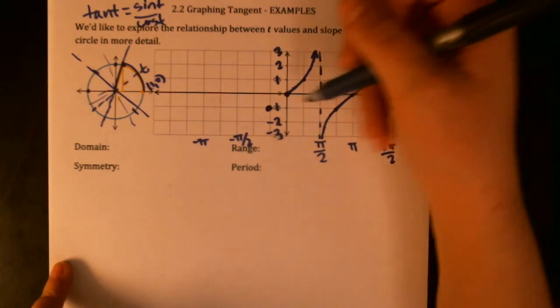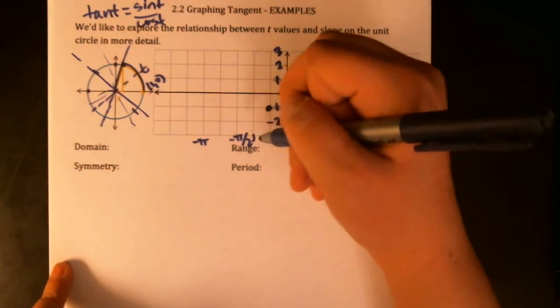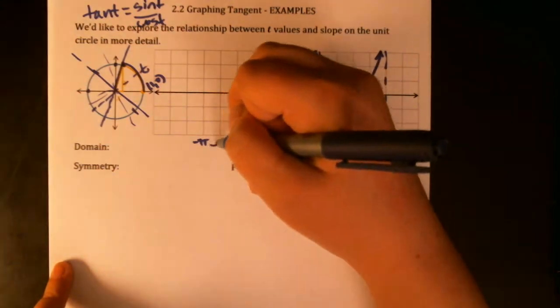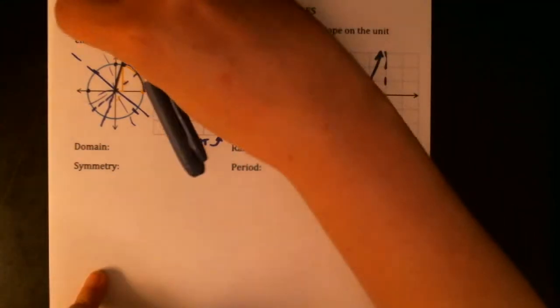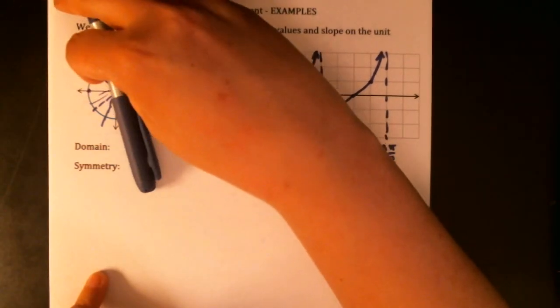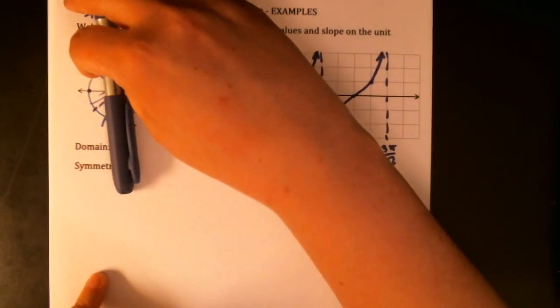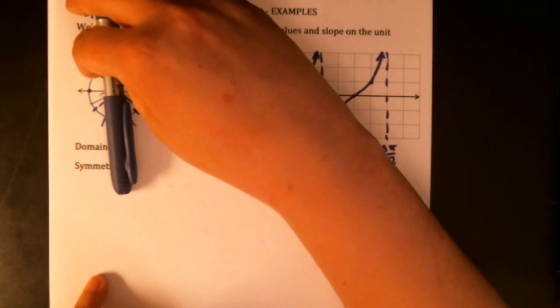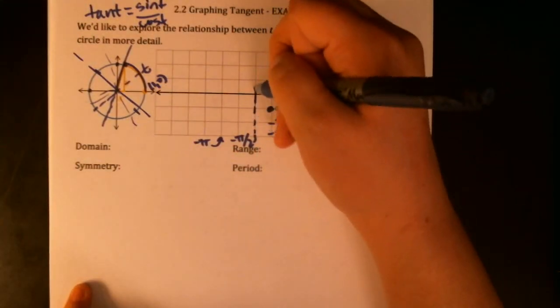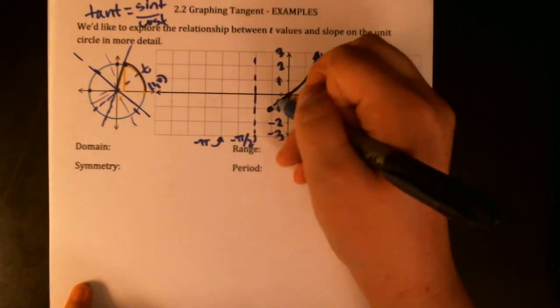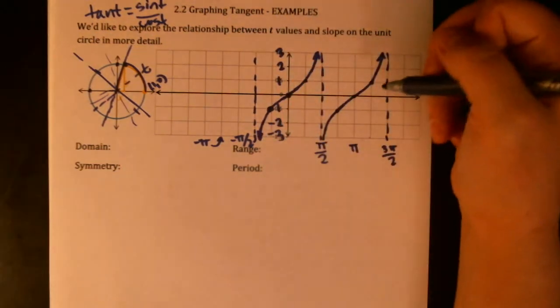Did I mislabel? I did. This is the pi over 2, and this is the negative pi. As our point approaches negative pi over 2, our slopes get infinitely large negative and then undefined. So we have that asymptotic behavior at negative pi over 2, with slopes getting steeper and steeper.